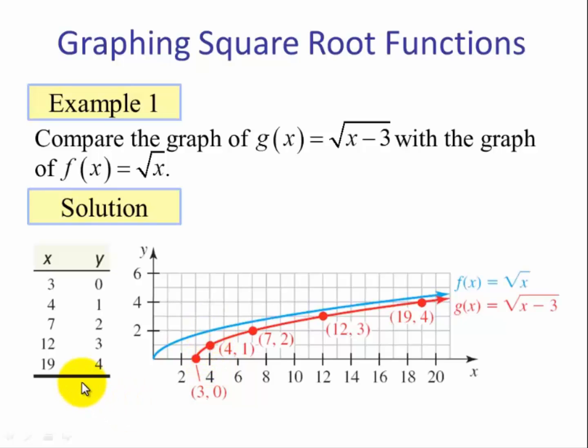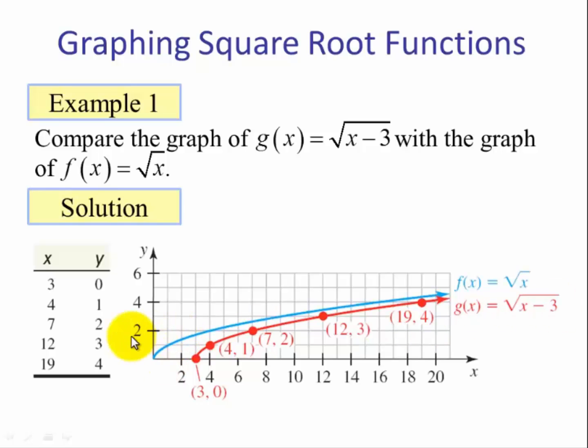And if we make a table of values for g of x, we see when x is 0, g of x is the square root of -3, which is undefined. Only when we get to 3 do we get a value of 0. So any numbers less than 3 are not in the domain for g of x.